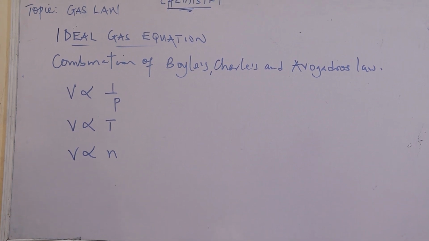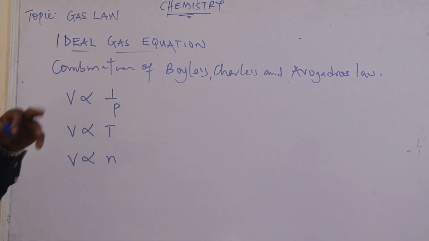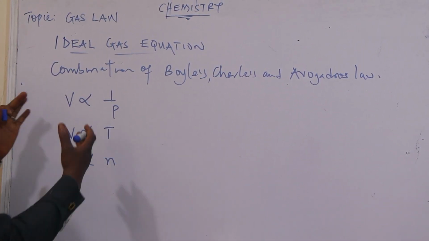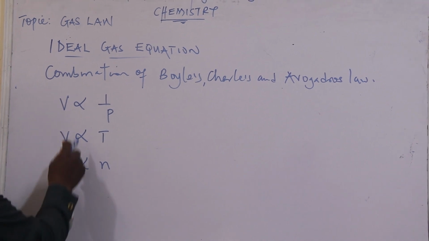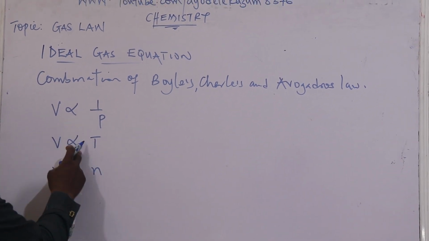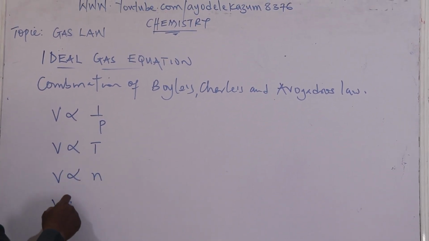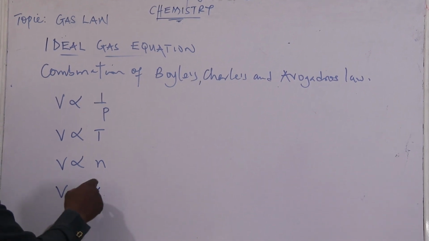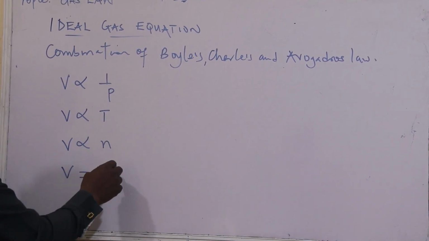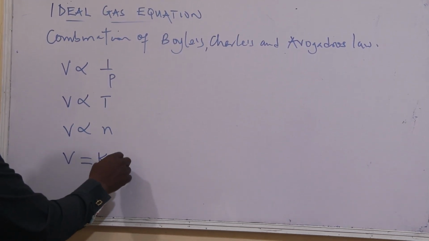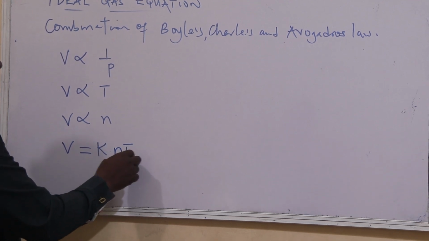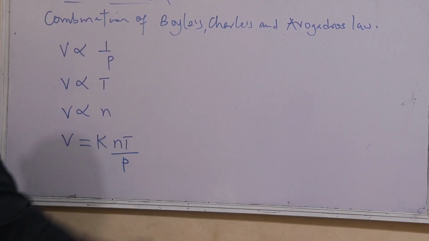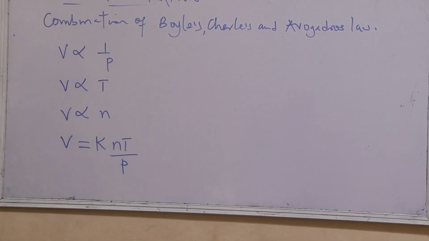Let's put these together as one equation. Something is common to all three: volume. So we introduce a constant K, and we have V proportional to nT over P.